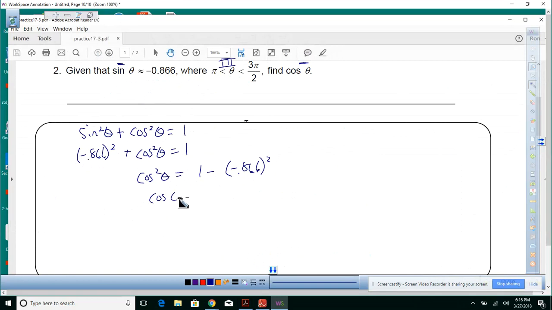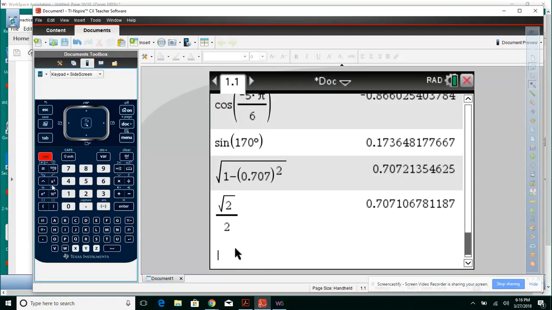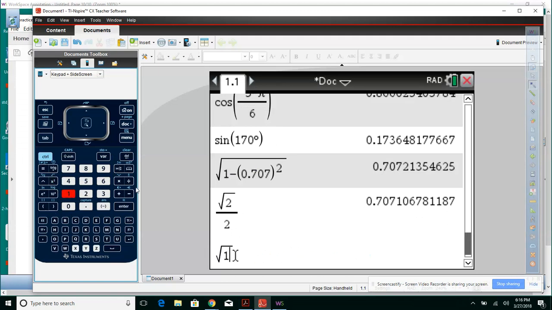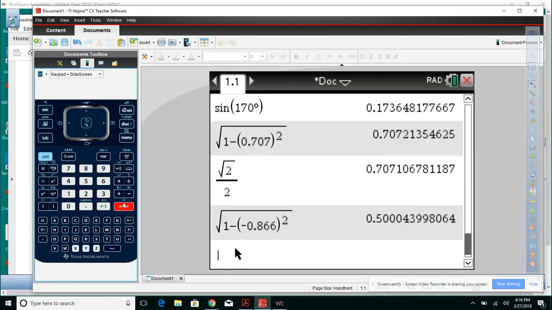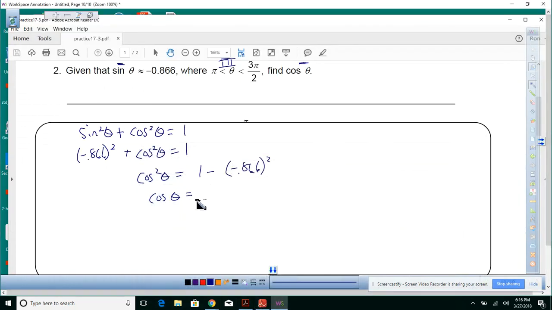So cosine theta equals, and let's take the square root, and we got 1 minus negative 0.866 squared. 0.5 equals 0.5. Okay, and since this is negative, our answer is going to be cosine theta equals negative 0.5.